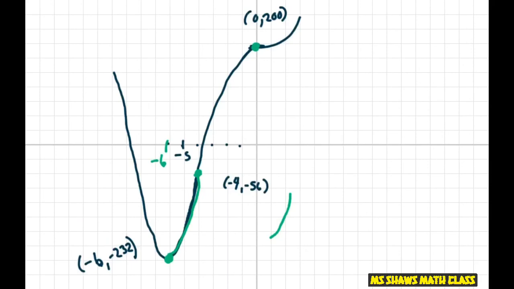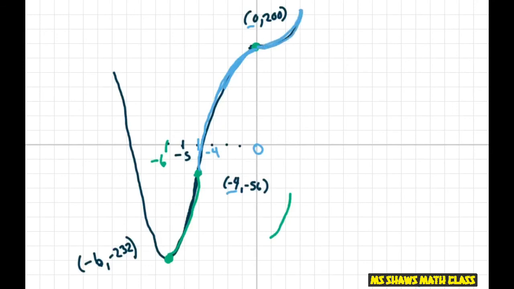Now, from negative 4 to 0, put the 0 there, put the negative 4 there, it's concave down. So that means it's still going up, it's still increasing, but it's kind of leaning down there. And then from 0 to infinity, we were a little bit concave up like that.